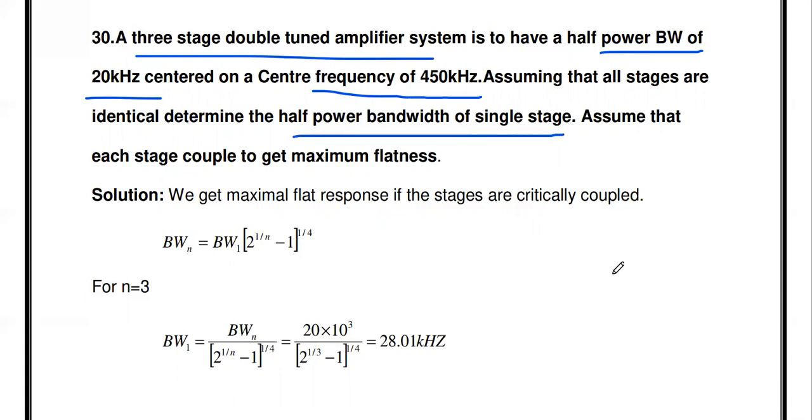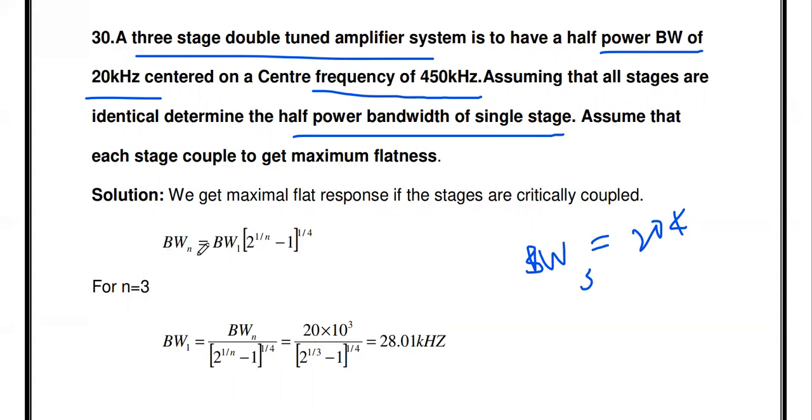So here, the bandwidth of 3 cascaded double tuned amplifiers is given as 20 kilohertz, that is BW3. The center frequency means the resonant frequency, 450 kilohertz. So what is the bandwidth of a single stage?